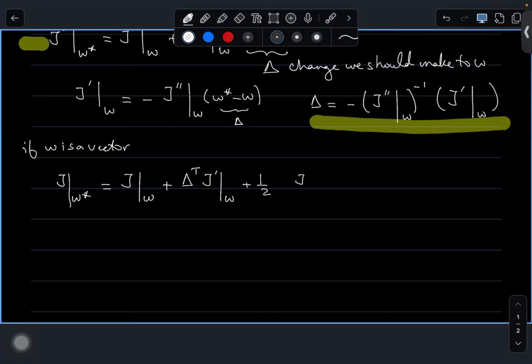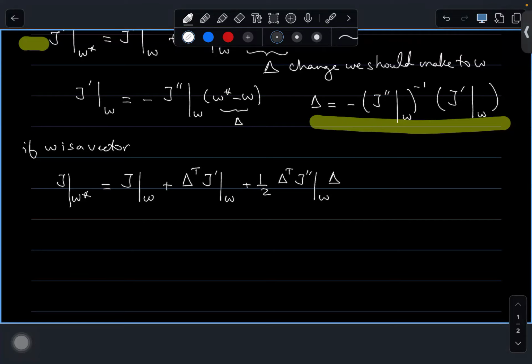Now the second derivative of J with respect to W becomes a matrix of size W by W. So I take a derivative with respect to W, then I take the derivative of the rows with respect to W. I get now a matrix of size W by W. So now in order to get a scalar, I have a delta transpose here and a delta here. So instead of delta squared, I have a delta transpose in the front and delta in the back. Now I get a scalar.